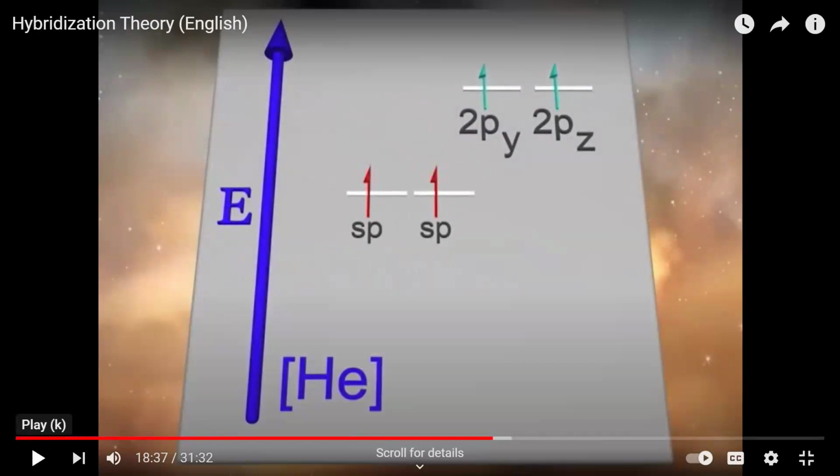That leaves 2 unhybridized p orbitals, yes? We have 2 unhybridized p orbitals left. Mixing the s with one of the 2p atomic orbitals causes 2 new degenerate energy sp hybrid orbitals.